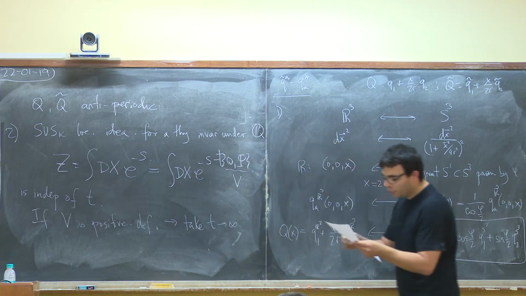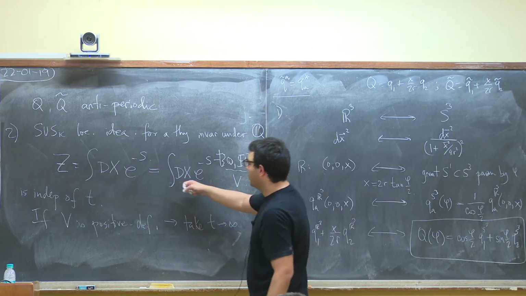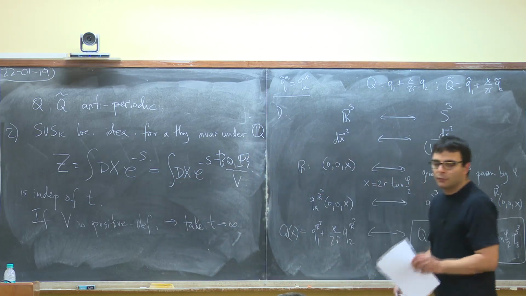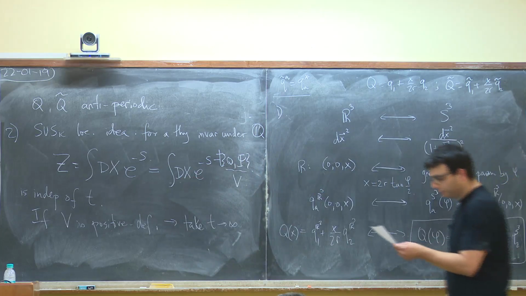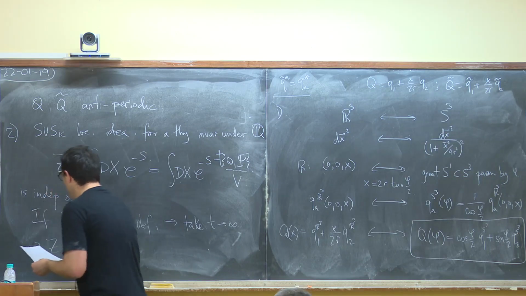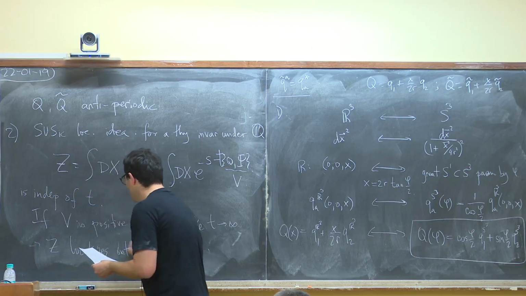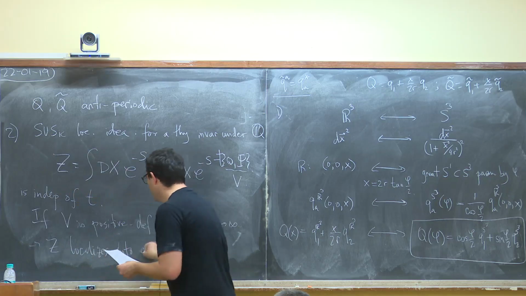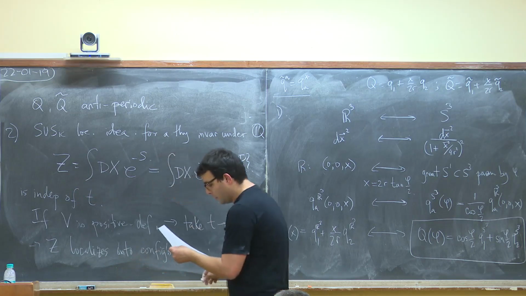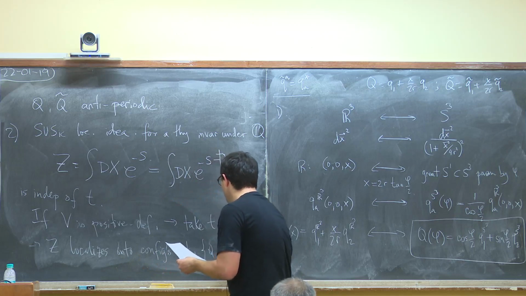And the contributions to this integral come only from the points, the locus in field space where Q phi is 0, is the smallest it can be. So then Z localizes onto configurations that obey this condition, that Q psi is 0.